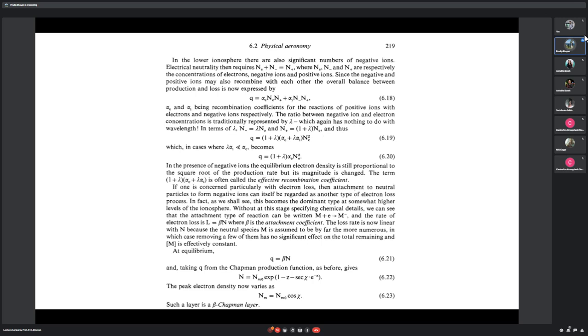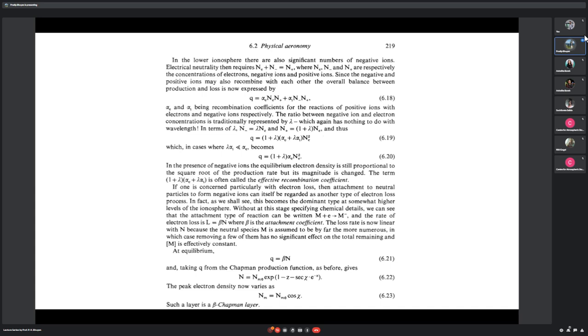And we will be assuming that the number of negative ions, though they are present, will be less compared to the number of electrons. You can keep that in mind. The number of electrons produced will always be more than the number of negative ions. Negative ions are present, fine, but in less number.